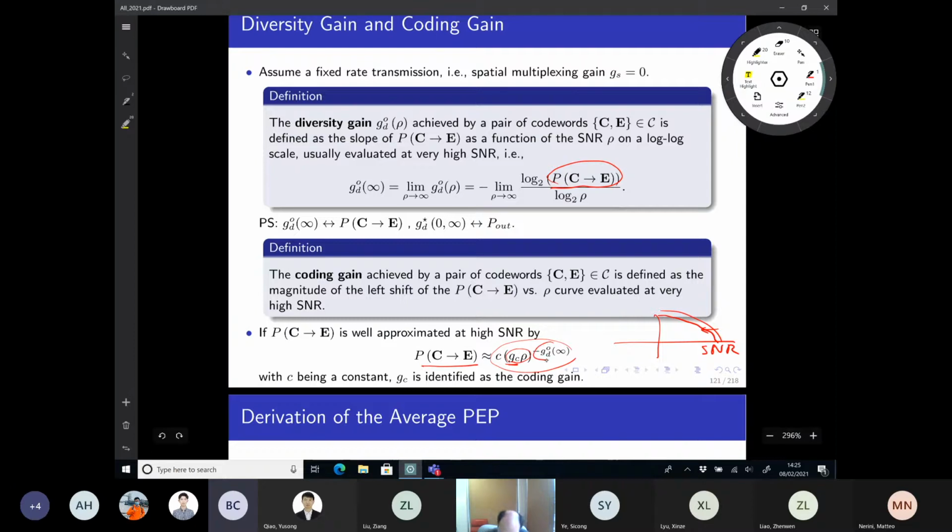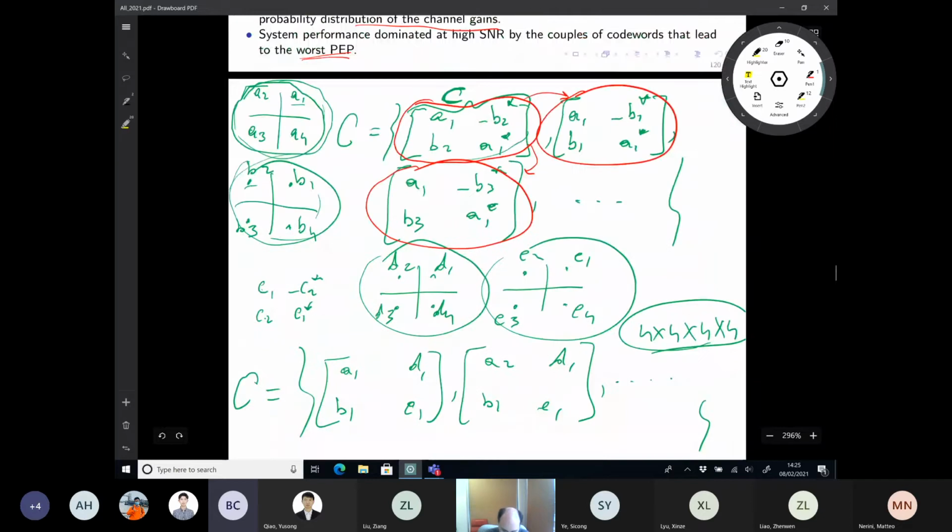And we're going to look at this argument here, GD, which is the exponent of rho, which will be the diversity gain. The diversity gain will be the slope of that curve of the pairwise error probability as a function of the SNR. And what we will try to find is: in this code book, what are the pairs of C and E?